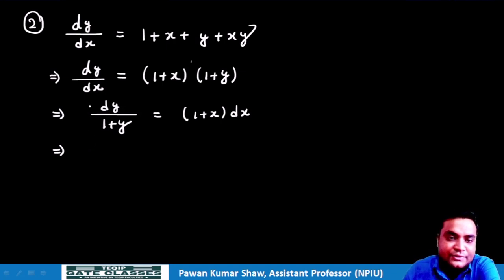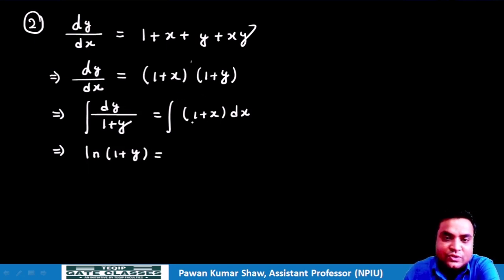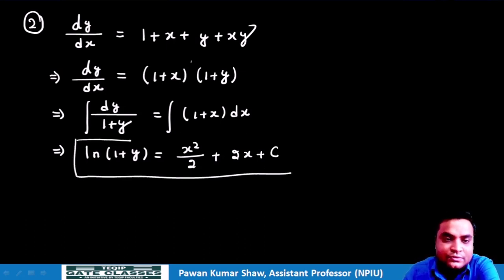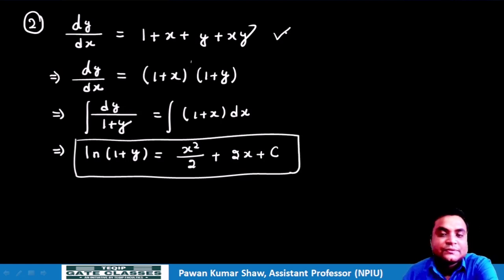So after integration we will get log of 1 plus y, और इसका इंटीग्रेशन क्या होगा, the integration of (1 plus x) dx will be x square by 2 plus x, plus c. So this is the general solution of the given differential equation.